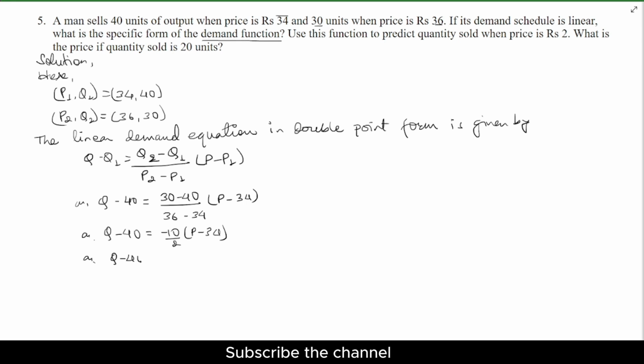Or Q minus 40 equals minus 5 times P minus 34, or Q minus 40 equals minus 5P plus 34 into 5, which is 170.